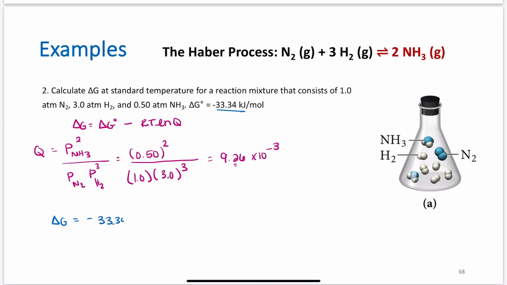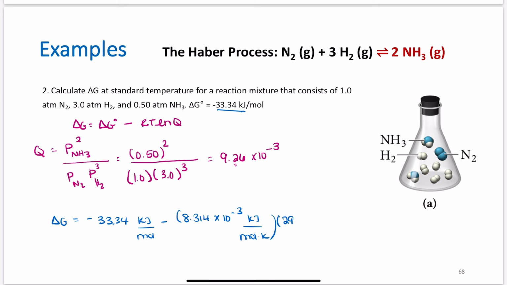Tells me my delta G value right here. Negative 33.34 kilojoules per mole minus 8.314 joules per mole K. I need those in the same units, and I always forget to do that. 8.314 times 10 to the minus third kilojoules per mole K. I only noticed it because I looked at the kilojoules over there, and units weren't going to work out.